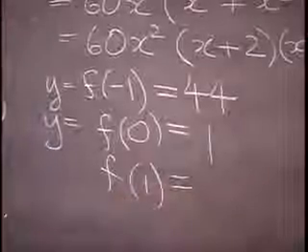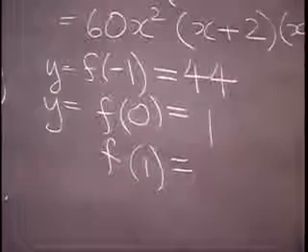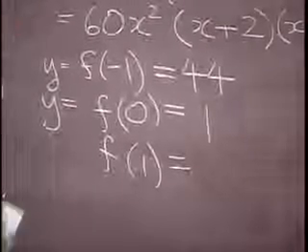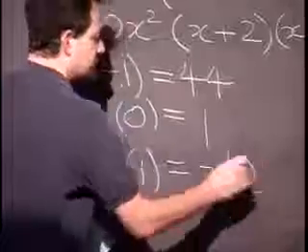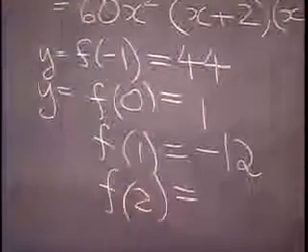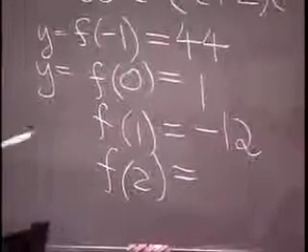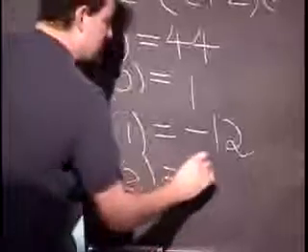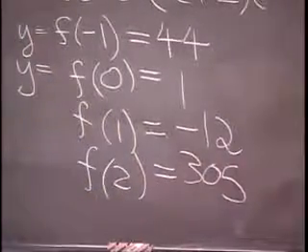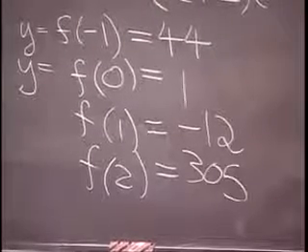You plug in 1, that's another one on the list, and you get 12 plus 15 is 27, plus 1 is 28, but then minus 40, I get minus 12. And finally, f of 2, if you plug that in, it's a bit of a mess. I mean, 2 to the 5th is 32. I worked it out on paper once as 305. It's not a very difficult computation, but you still have to do it.